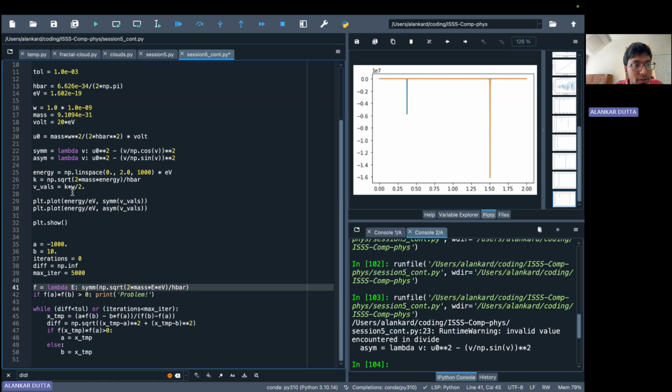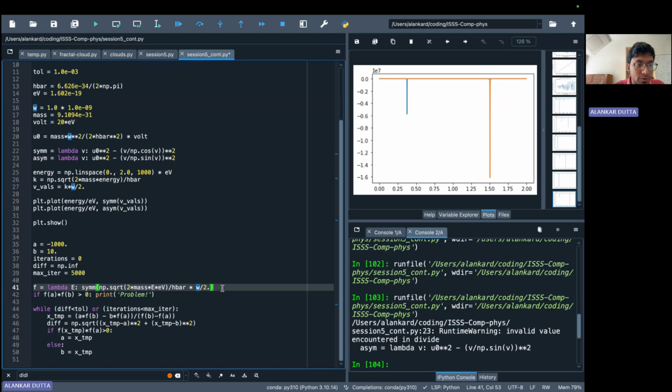So this is K times W times E. That's our U. So times W by 2, that is our V. So we pass the V in here and we get the symmetric one.